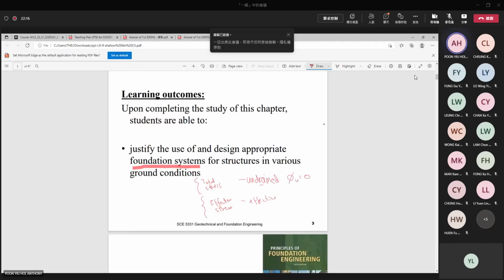This has to do with time, for fine-grained soil. I repeat this many times. How does fine-grained soil differ from coarse-grained soil? It's about the water, the time for water to escape from the soil.